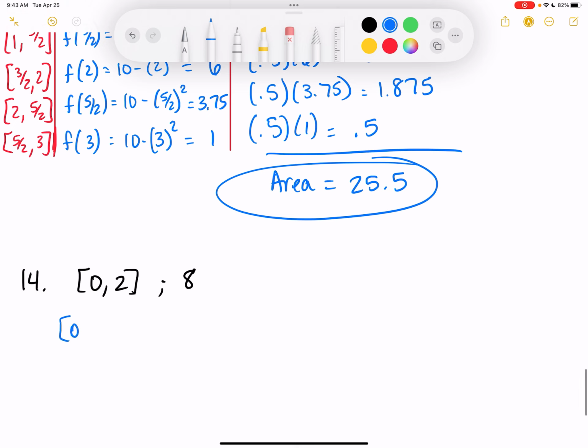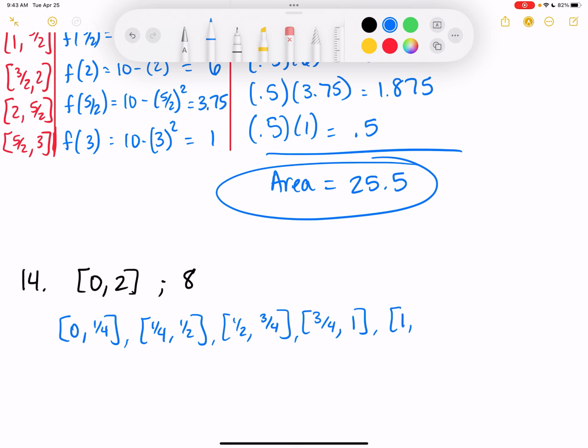So it would be 0 to 1/4, 1/4 to 1/2, 1/2 to 3/4, 3/4 to 1, 1 to 1 1/4. Wait, we need 8 of them. We're going to 2.